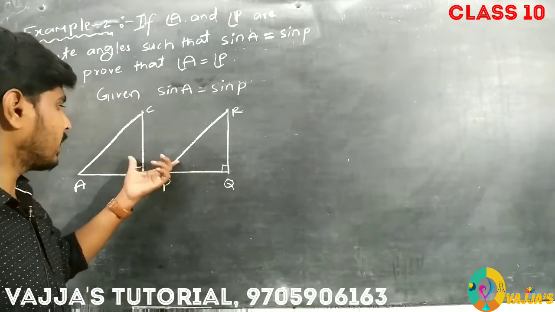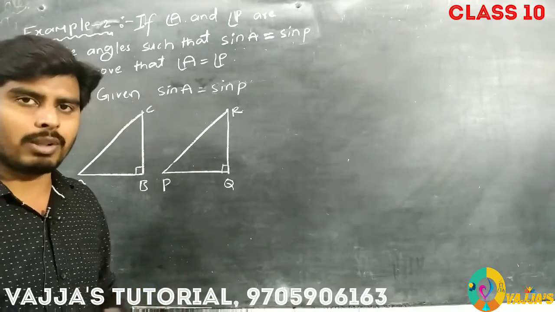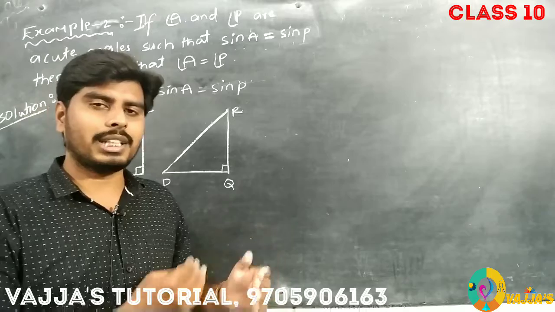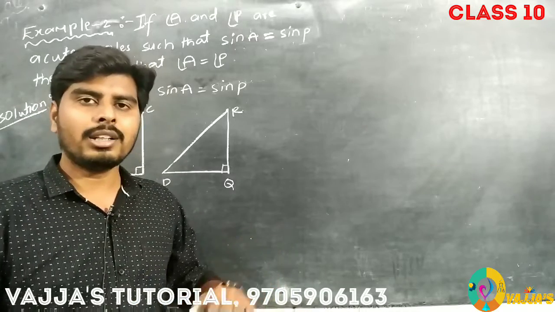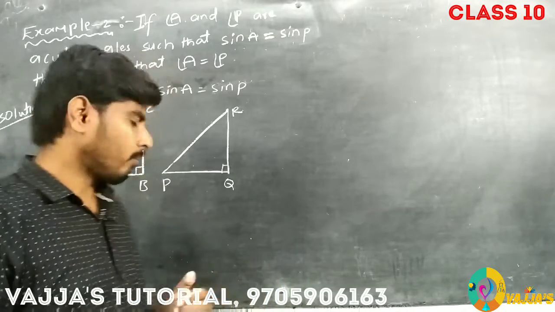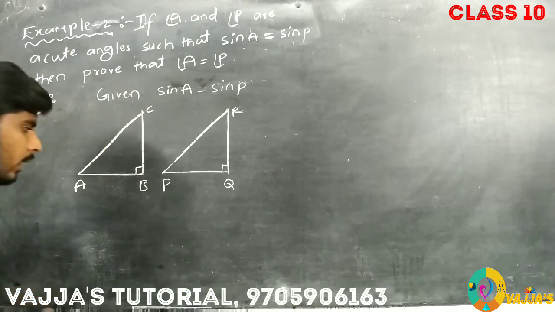If these two triangles are similar, then corresponding angles are also equal. So in similar triangles, corresponding sides ratio is equal and corresponding angles are also equal. So by that property we can prove angle A equals angle P.